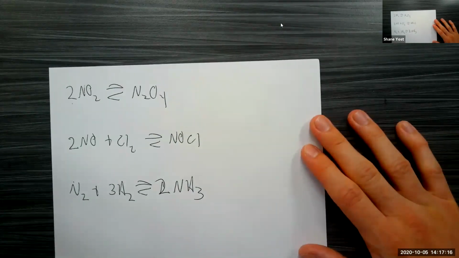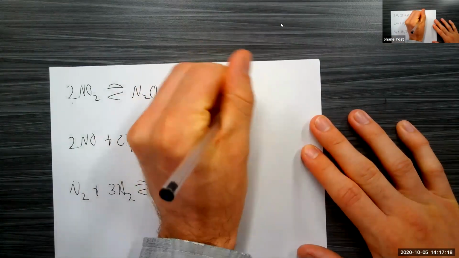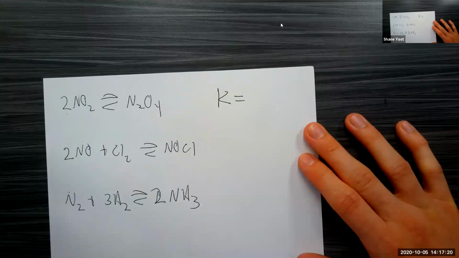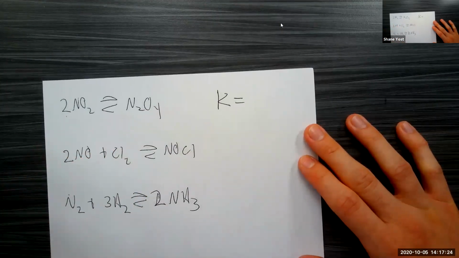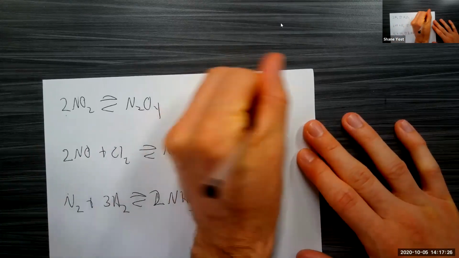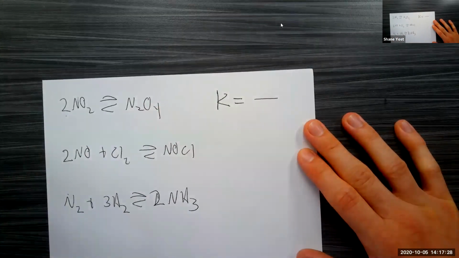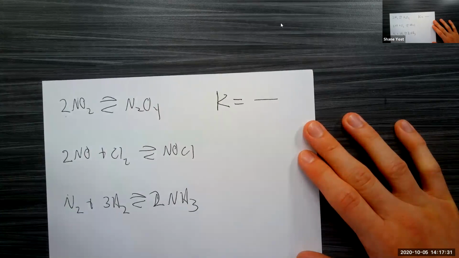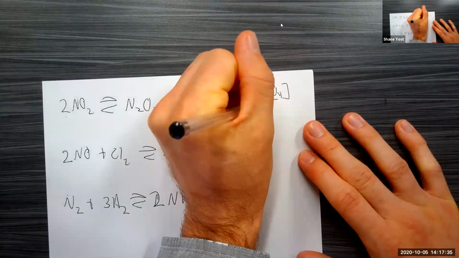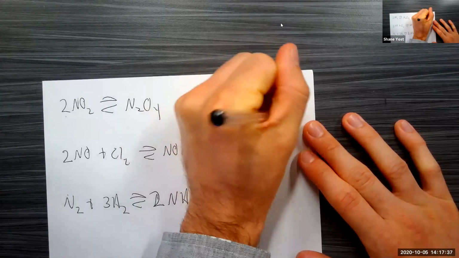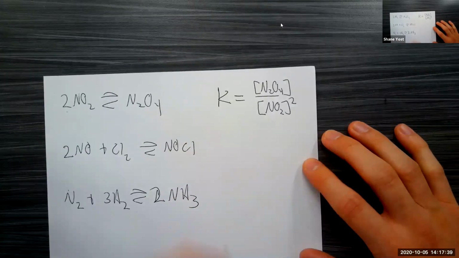So for this, the equilibrium constant for the reaction 2NO2 going to N2O4 is going to equal what? Over NO2 squared. Okay.